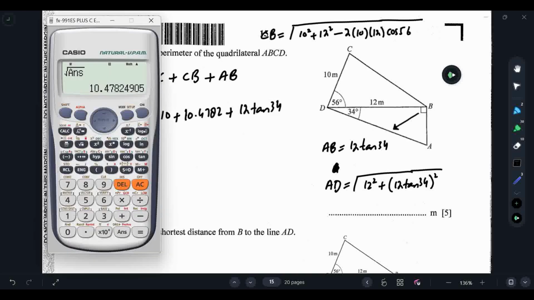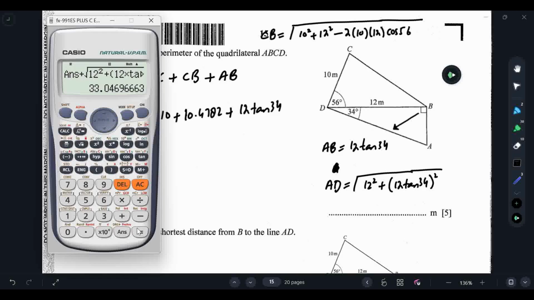For P, we know that this is the value CB plus 12 tan of 34 plus the square root of 12 squared plus (12 tan of 34) squared.